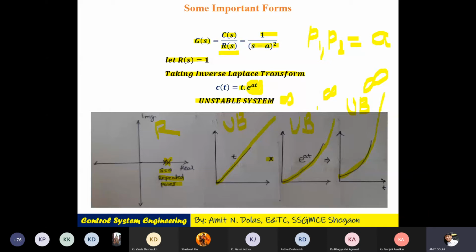Because it is not necessary that stability will not be asked in unit number 1. I have seen certain questions in the university question bank where the transfer function is given, everything is asked for calculation, and after that a small question is kept whether the system is stable or not, or comment on the stability of the system. So you must know, that's why we are going through this. It is applicable here as well.